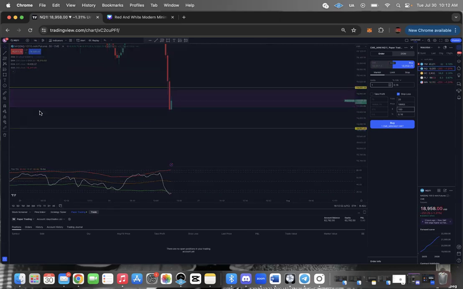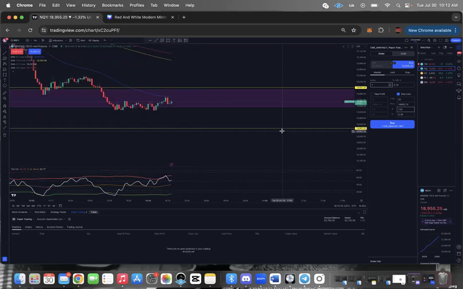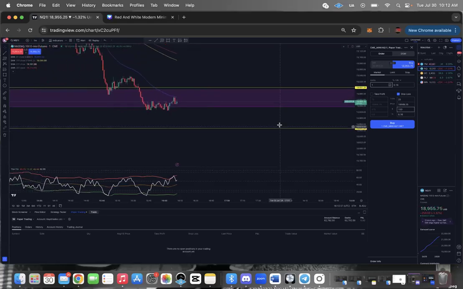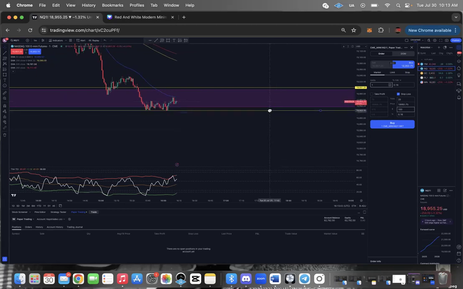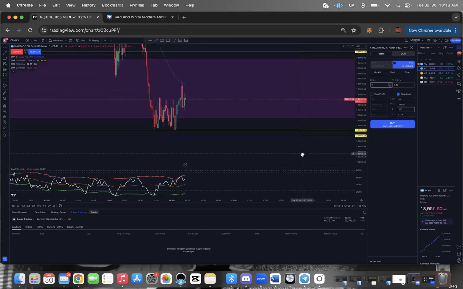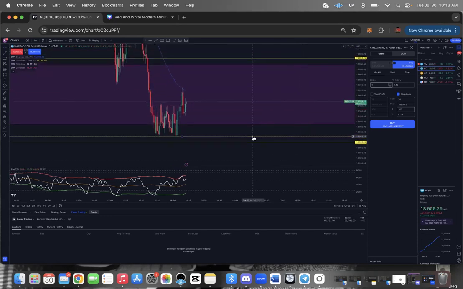If I'm sniper scalping, I'm on the 1 minute and waiting for precise entries, meaning I want an entry here so that my 5-point stop loss has me here, right? So I'm going to enter here, wait for here. I don't think we're going to get that while we have time left on the Zoom.